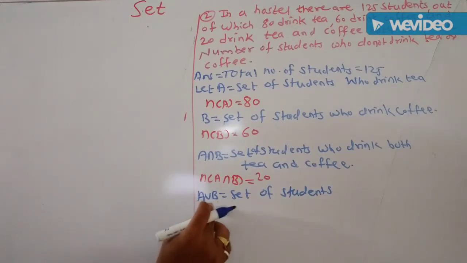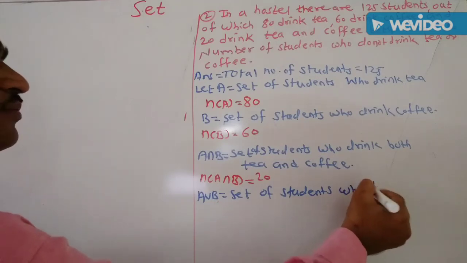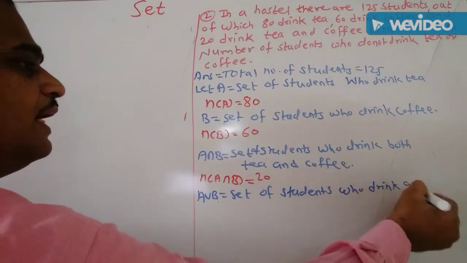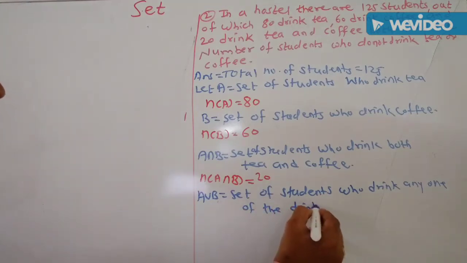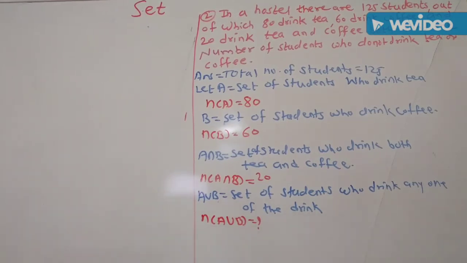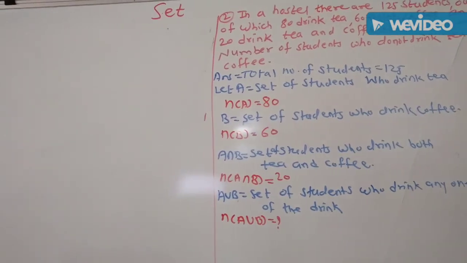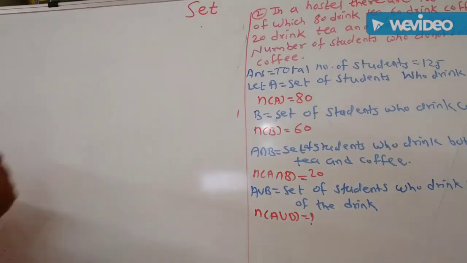Then we consider A union B as the set of students who drink either tea or coffee. We find this number of A union B firstly, and then find the number of students who do not drink tea or coffee. For finding this number of A union B, we use the formula. What is the formula?